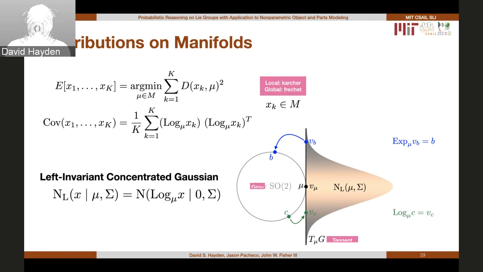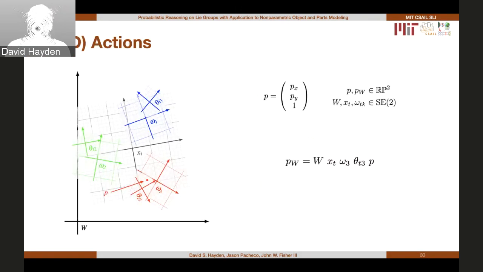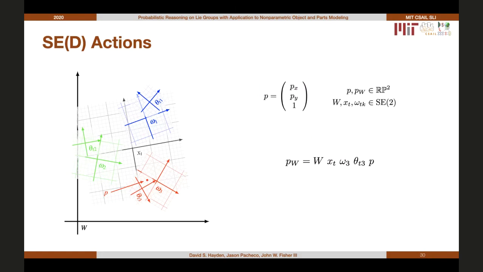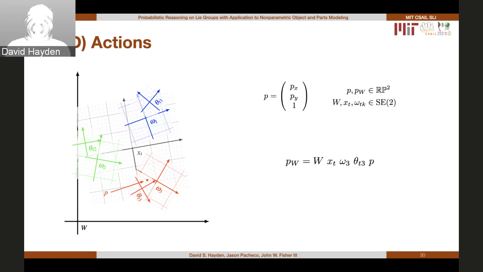And then a key property that we care about is the action of SE2 or SE3 on a homogeneous point, say P, that has coordinates X and Y and a homogeneous one, and that P is defined in terms of a relative coordinate system of some part.